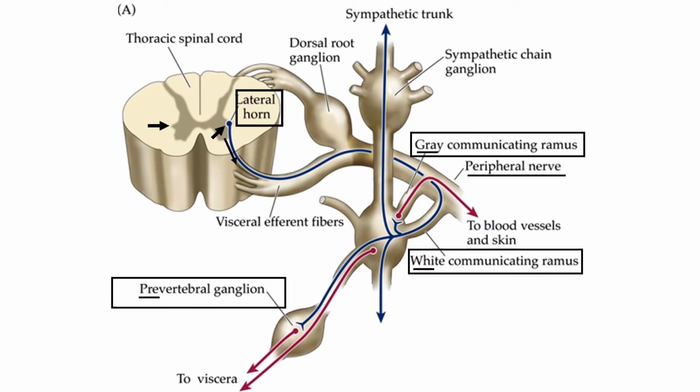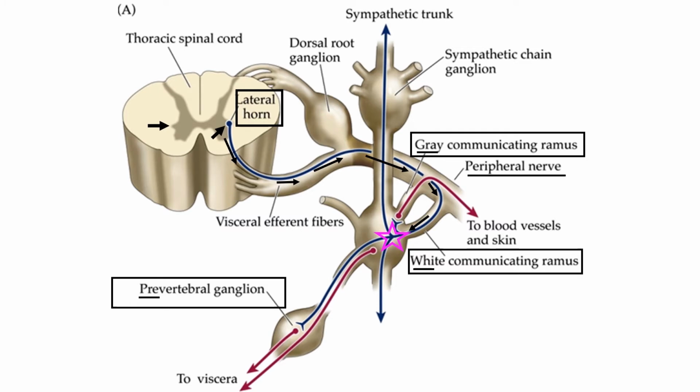The axon leads through the ventral root to the ventral efferent fibers of the spinal nerves, and then it joins the spinal nerve. It leaves the spinal nerve as white communicating ramus, and then we have a ganglion.